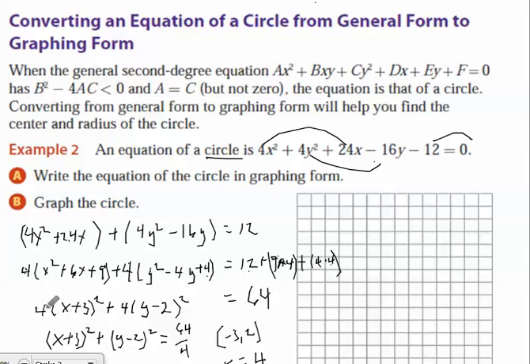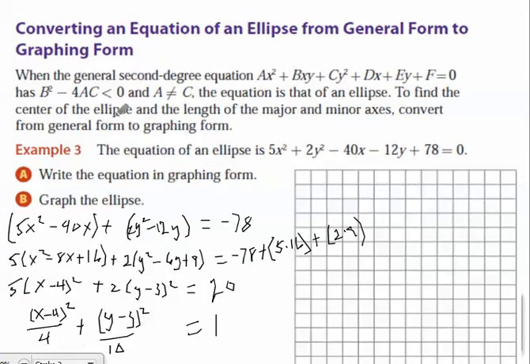I want to get rid of those 4's there, so I'm going to divide everything by 4. That's 64 over 4, that's 16, right? Which is equal to 16. So my center is at negative 3, 2. My radius is 4. I think it's easy enough to graph from that. Not a problem. Okay?